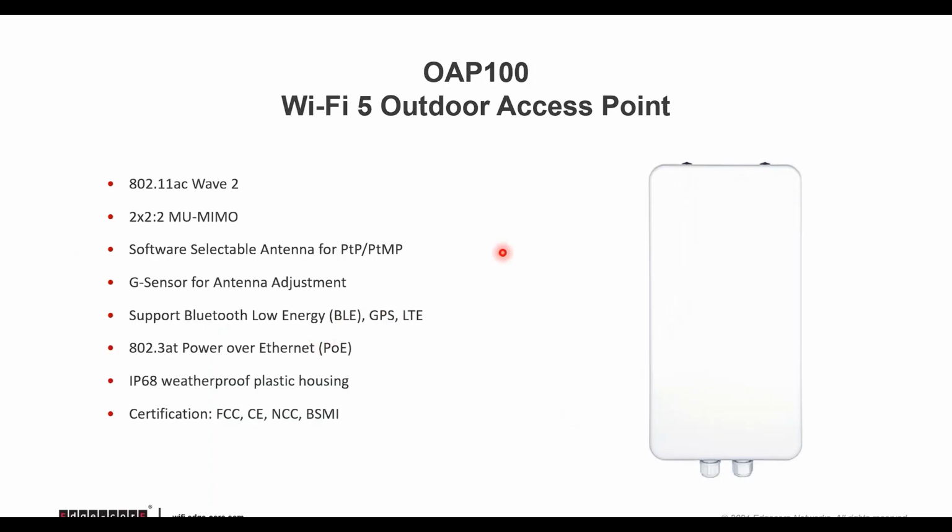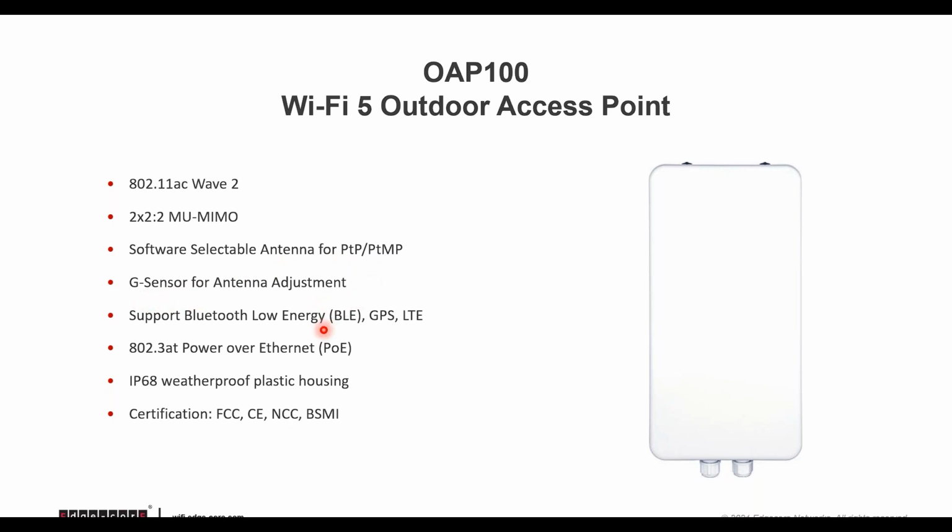Okay, last one is OAP100. The major differentiation is we implemented two antenna elements inside. So you can use the software to choose which application you want to do. You can do point-to-point, you can do point-to-multipoint, and we also implement the G-sensor. The purpose is very useful for antenna adjustment.